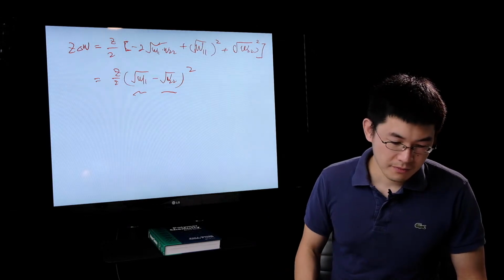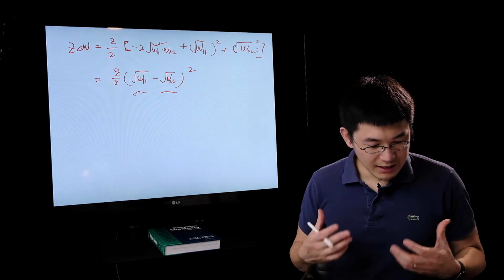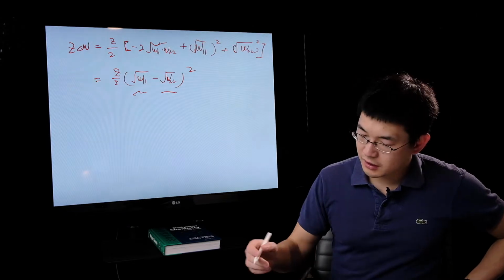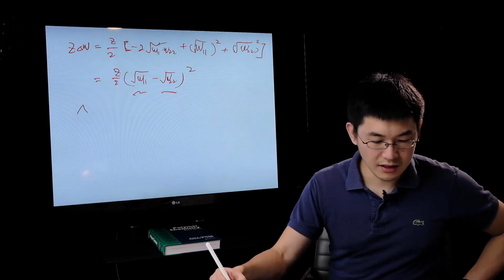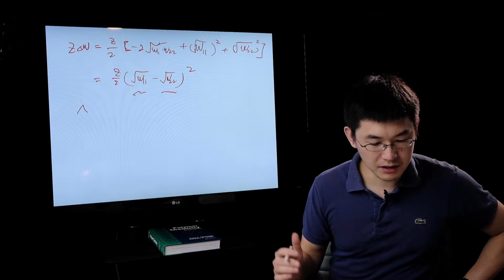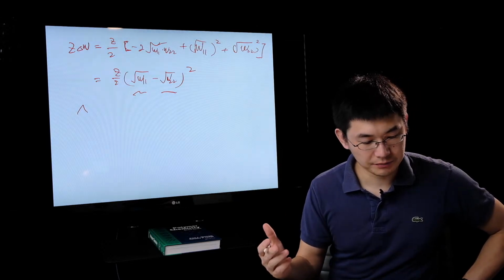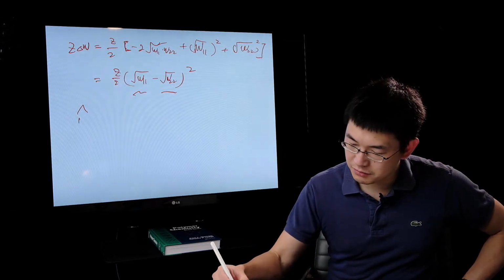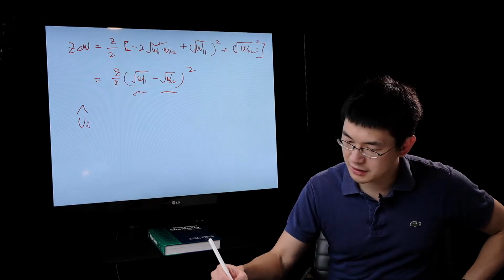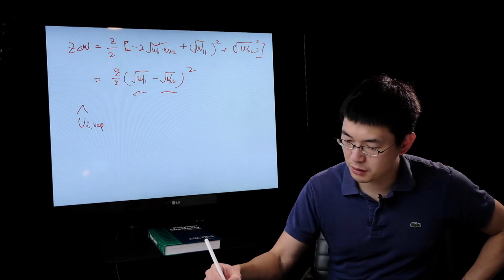It's quite nice. And indeed, a lot of researchers have been thinking along this way, and they defined a new parameter called the interaction parameter. What that means is they can define a U interaction parameter upon evaporation.